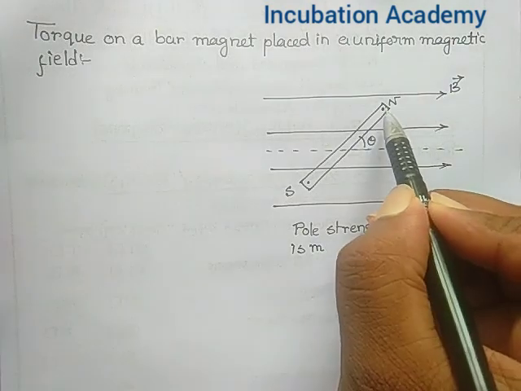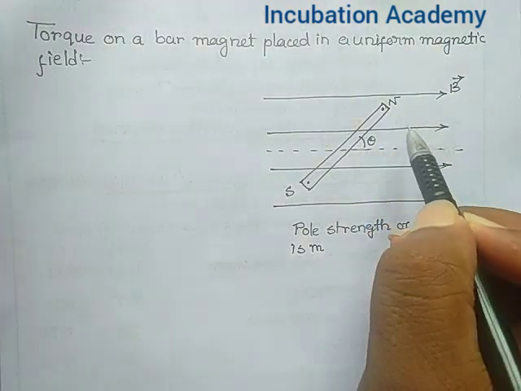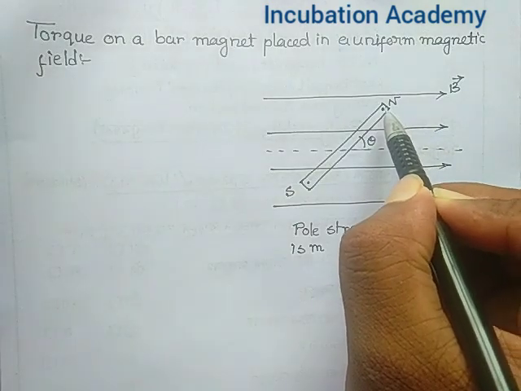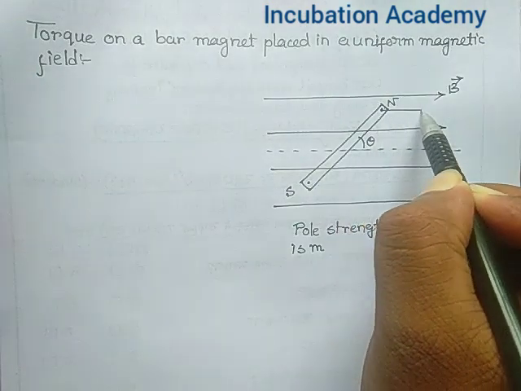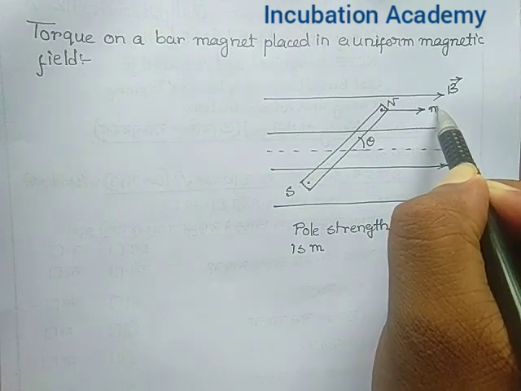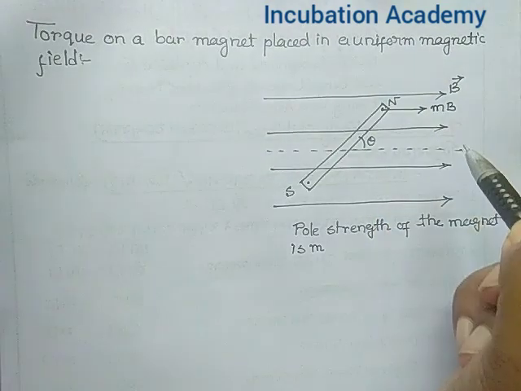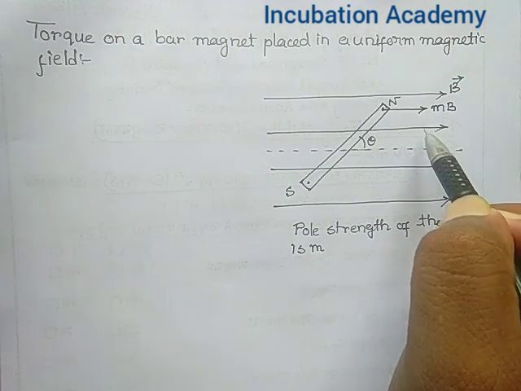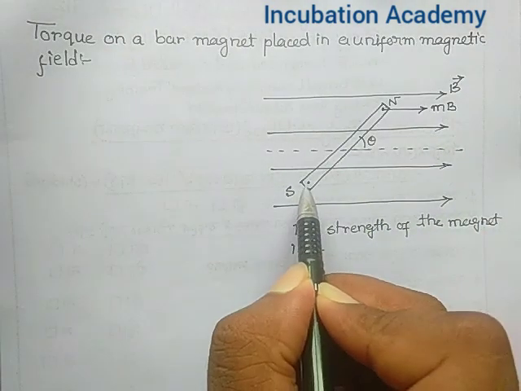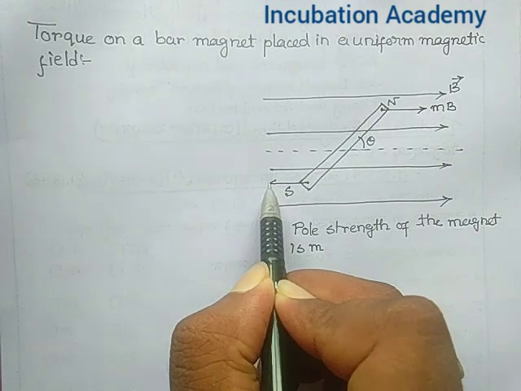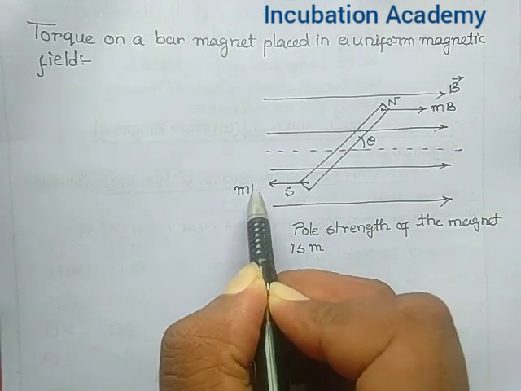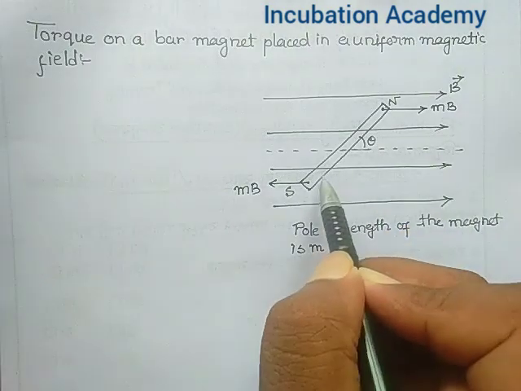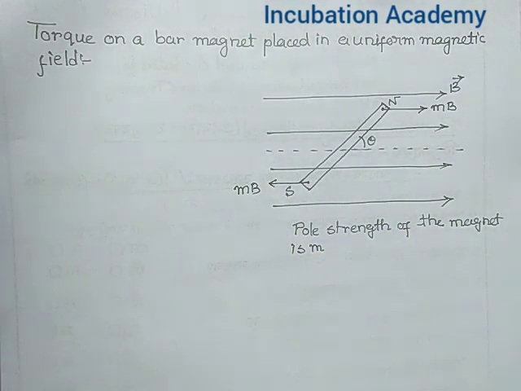Then this north pole tries to align itself in the direction of the magnetic field. Then the force acting on this north pole will be MB, and it is towards the direction of the magnetic field. While the south pole tries to align in the opposite direction, such that the north pole is in the direction of the magnetic field, and the south pole in the opposite direction.